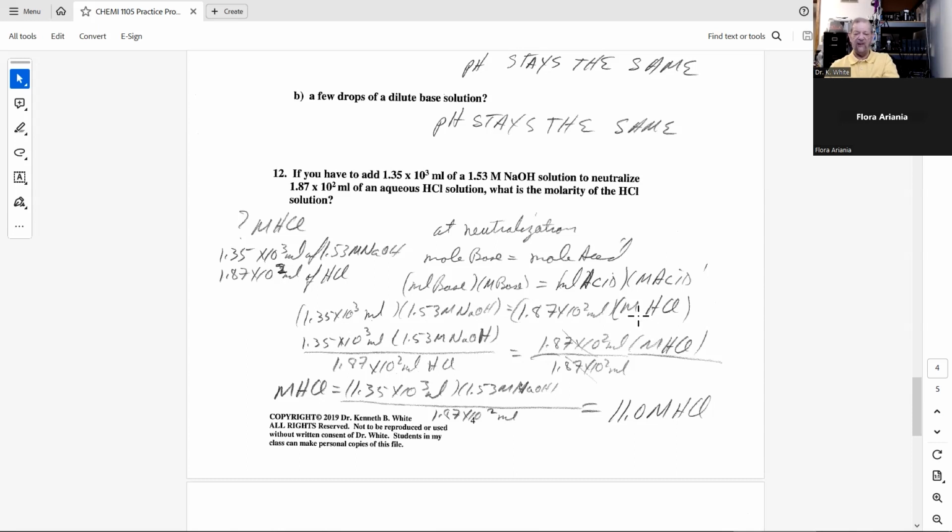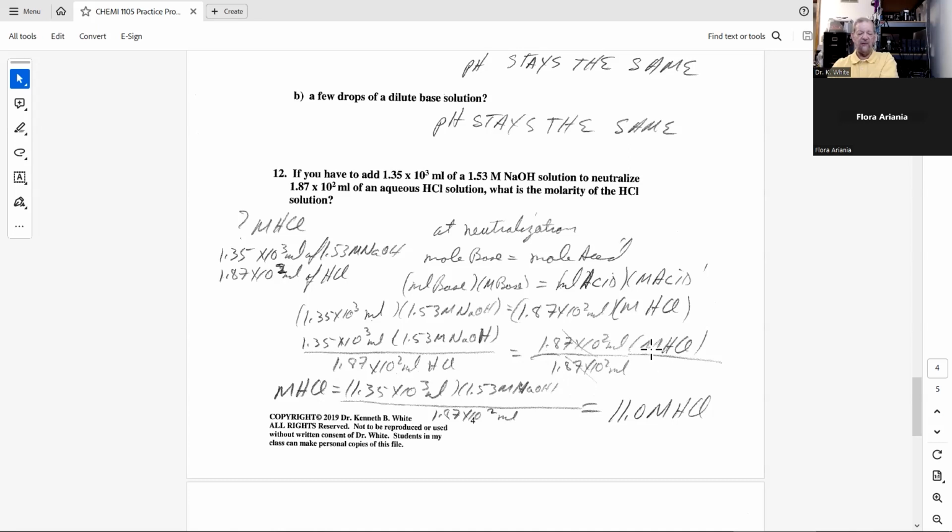How do we get that alone on one side? Well, we've got to get rid of this number, 1.87 times 10 to the 2 milliliters. So if I divide by it, anything divided by itself is 1, and it's gone. But whatever I do to one side, I do to the other.